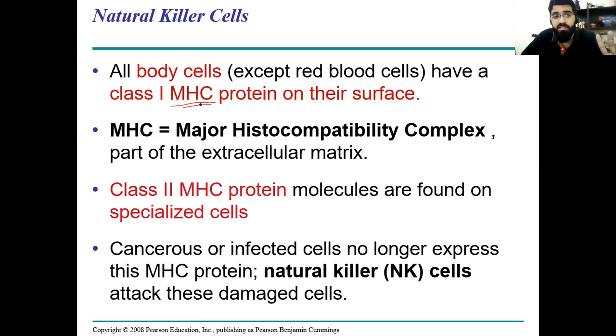There are 2 classes of MHC, class 1 and class 2. What is MHC? Major Histocompatibility Complex. This protein is found on the surface of every cell in your body except red blood cells.